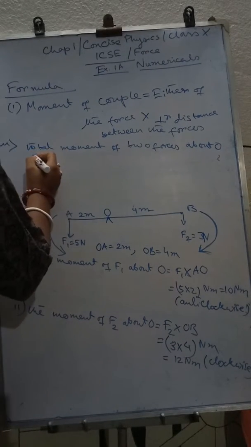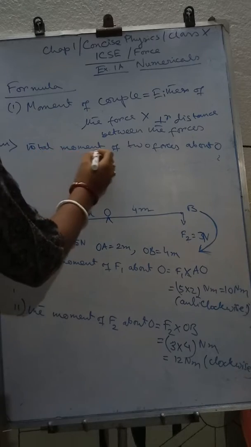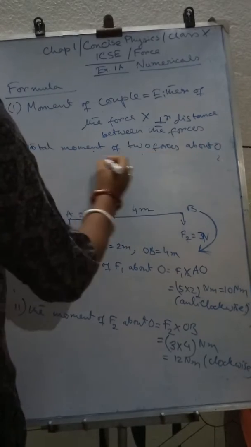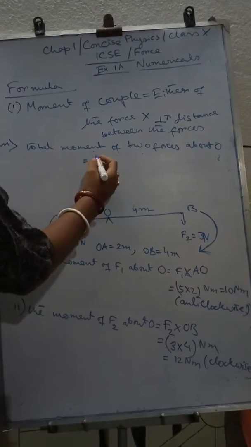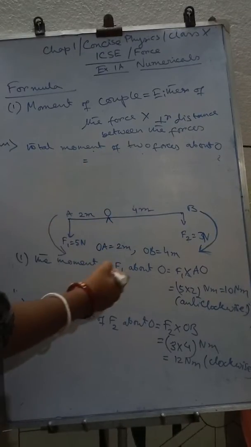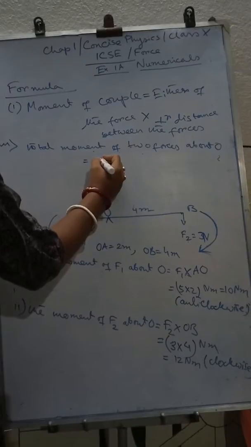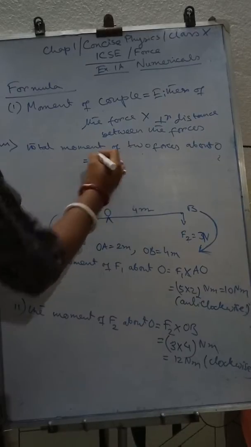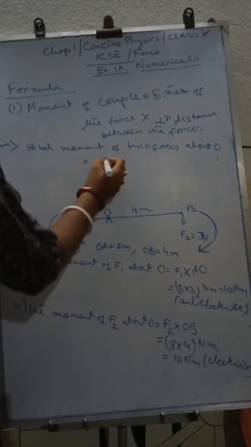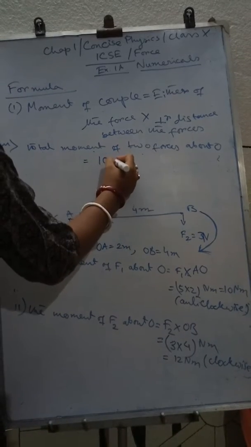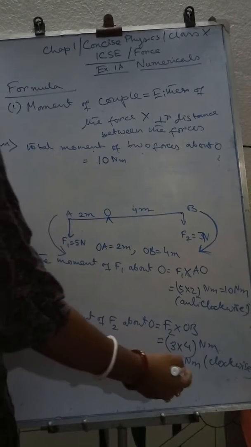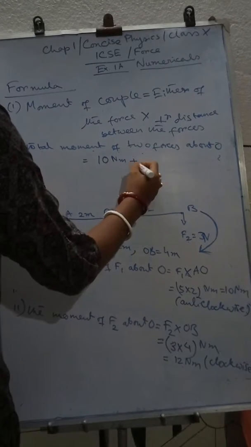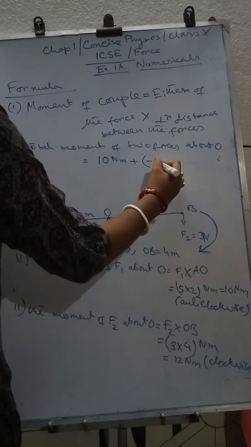Now the total moment of two forces about O. We know that the anti-clockwise moment is considered as the positive one. So I will keep 10 Newton meter as positive, and the clockwise moment is taken as the negative one.